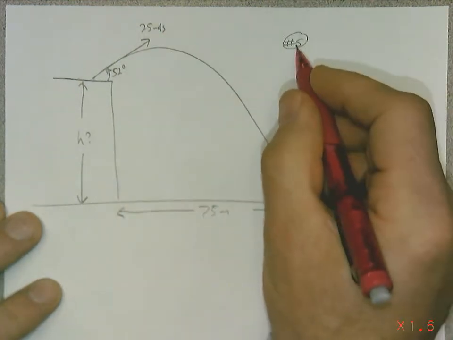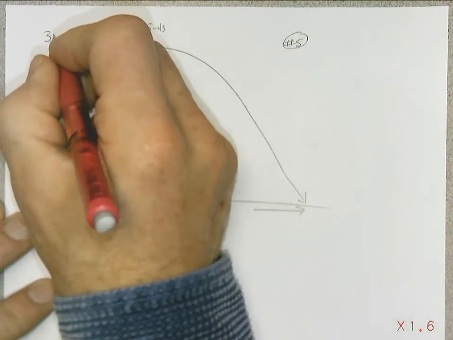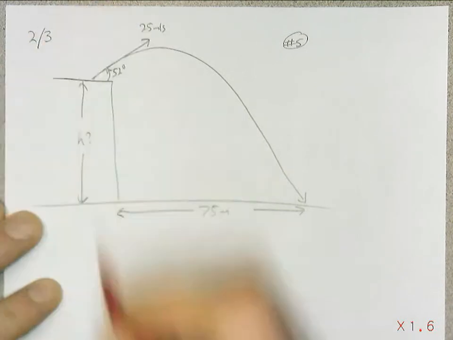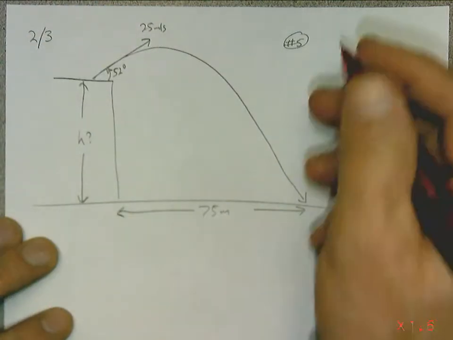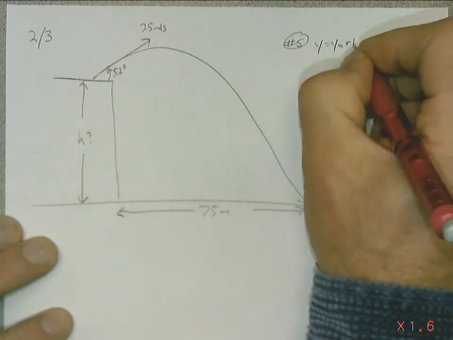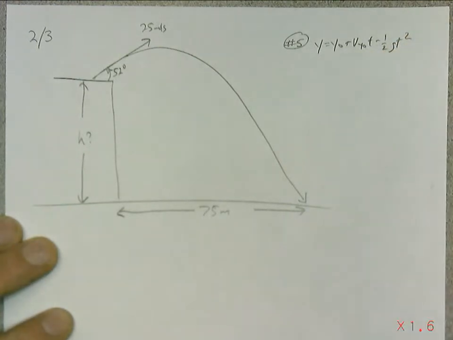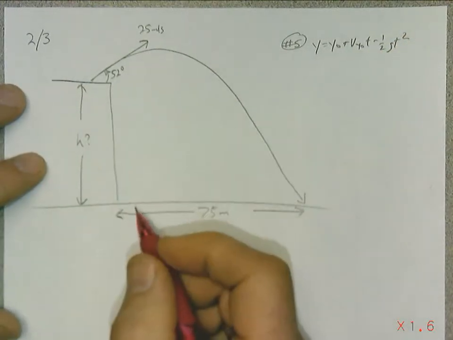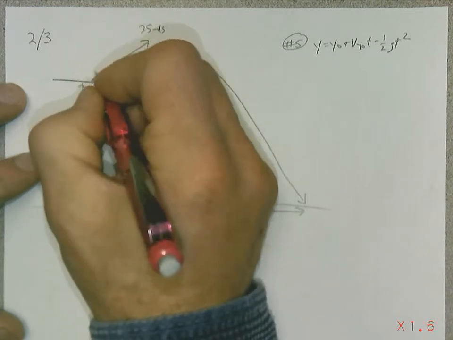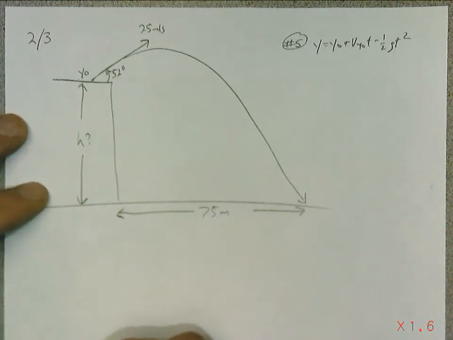Okay, well, don't get that confused with, this is problem 3, worksheet number 2. But anyways, equation 5: y is equal to y0 plus vy0 t minus 1/2 g t squared. Now, I always start my problems with the beginning point, the beginning position being the initial position, y0.